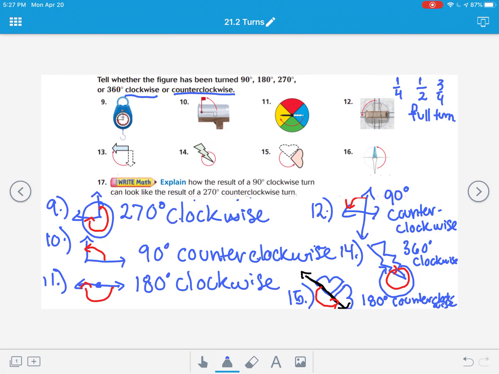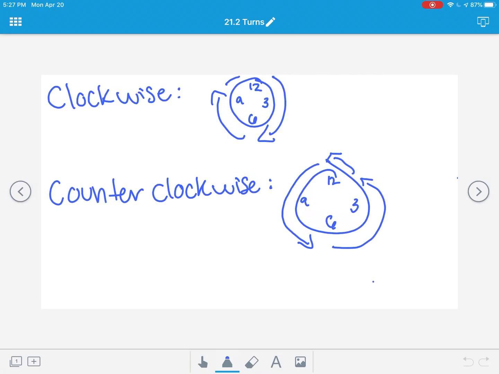So the two most important things before you start any independent practice: please make sure that you copy down these notes for clockwise and counterclockwise so that you know which direction is which. If you have a hard time visualizing that, you'll need to draw the pictures.